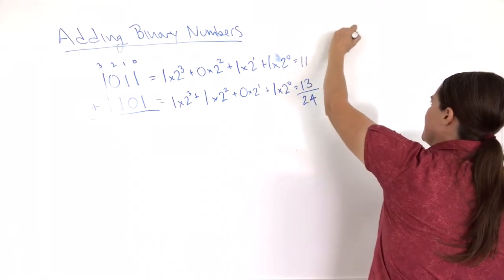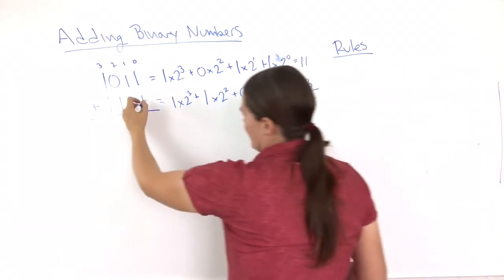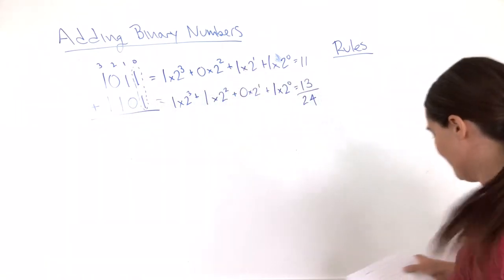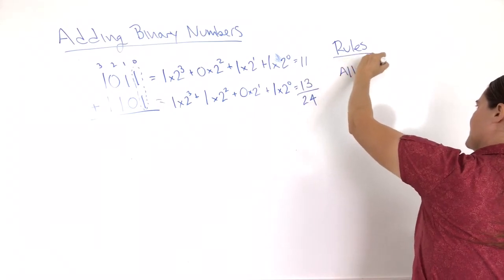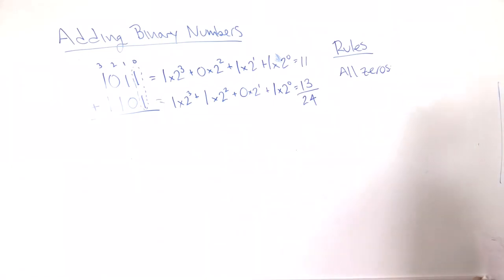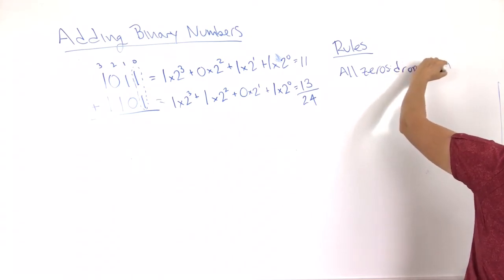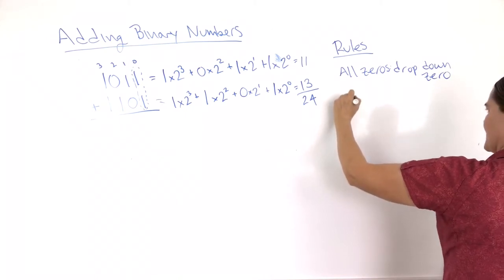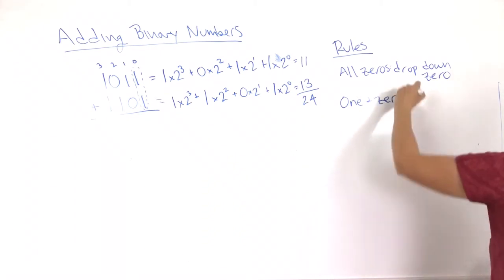So there are a few rules for adding binary numbers. What we want to do is look at columns, just like in doing normal addition. So looking at the columns, if we have all zeros, which we don't in this problem, but let's say we had all zeros, we drop down a 0. If we have a 1 and a 0, we drop down 1.